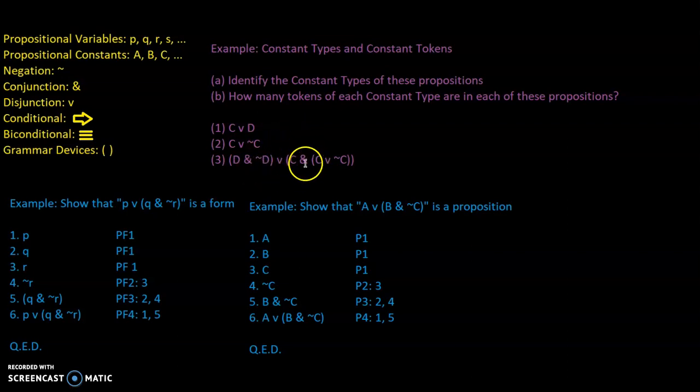This proposition has two constant types, D and C. It has two tokens of D and three tokens of C. And we can do the same thing with little p, q, r, and s's. It works the exact same way for the propositional variables, just as it does for the propositional constants. We are now in a position to formally define a substitution instance.